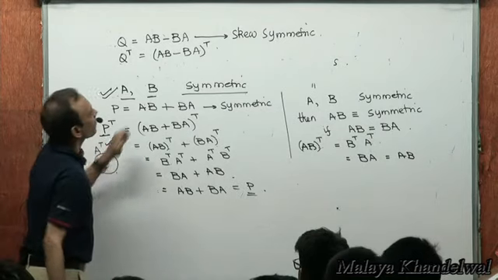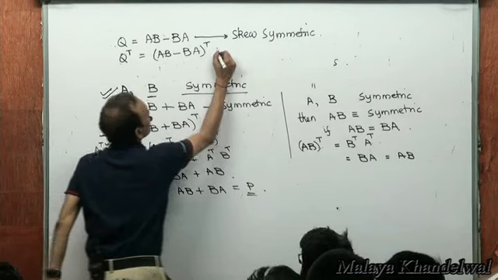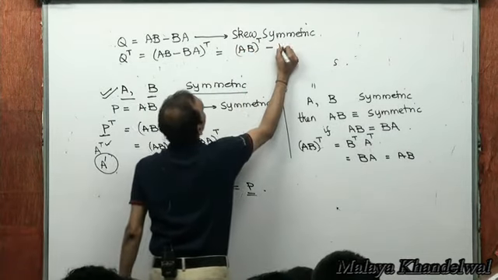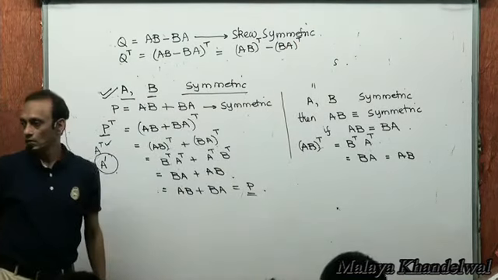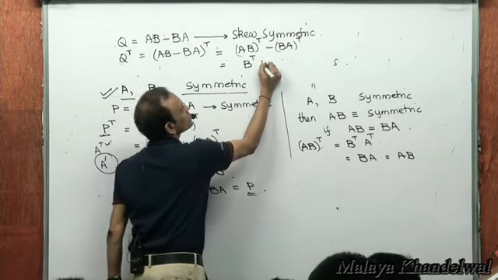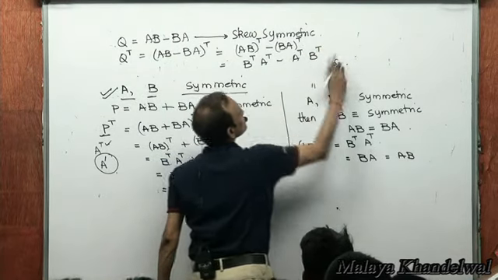So that's okay. Then Q transpose is AB minus BA transpose, which is like AB transpose minus BA transpose, right? Which is B transpose into A transpose minus A transpose into B transpose, right?